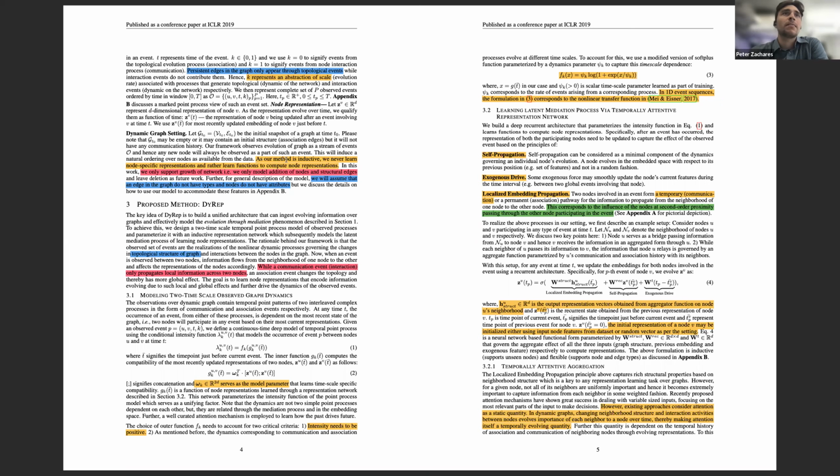Okay, I won't go through all of this. Let's just talk about lambda. Like I said, the way that they model this whole process is as temporal point processes, and the temporal point process is completely defined by lambda.